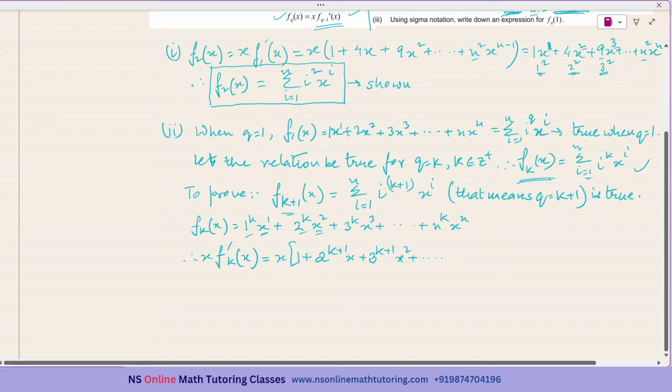Dot dot dot, plus n to the power of k times n is n to the power of k plus 1, and x to the power of n minus 1.